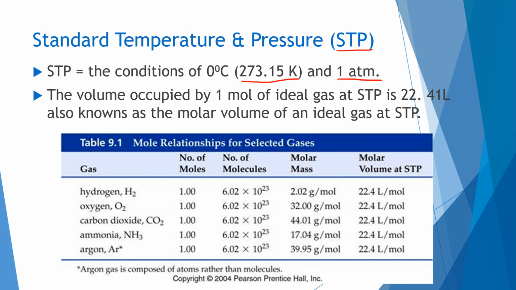Basically, this says the volume occupied by 1 mole of an ideal gas at STP is about 22.41 liters. This is known as the molar volume of an ideal gas at STP. This also ties into Avogadro's idea that if you had 22.41 liters of a gas at this temperature and this pressure, we are always going to see it have the same number of molecules.